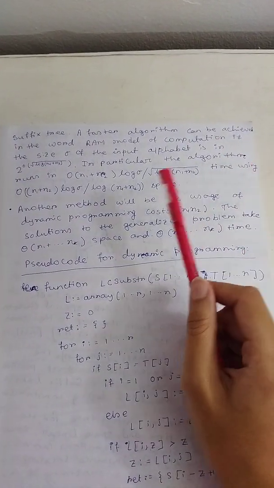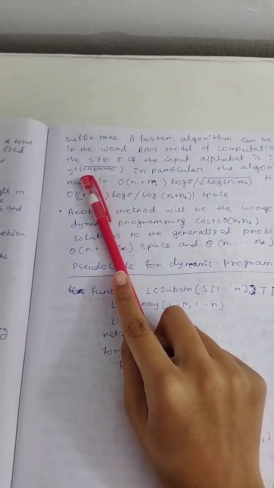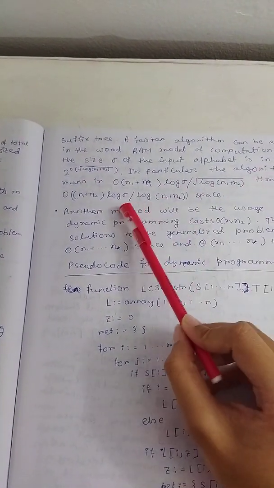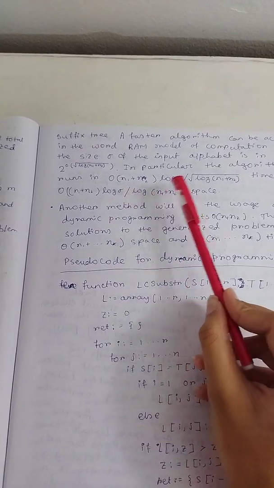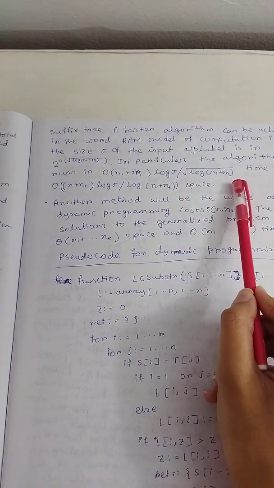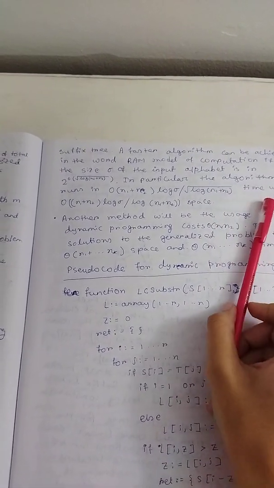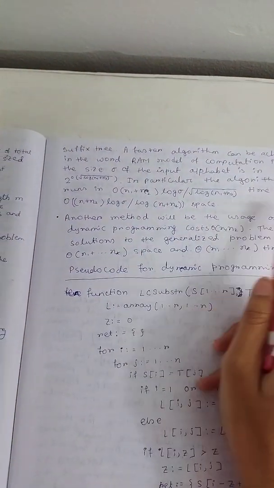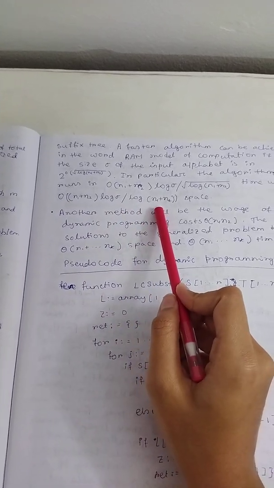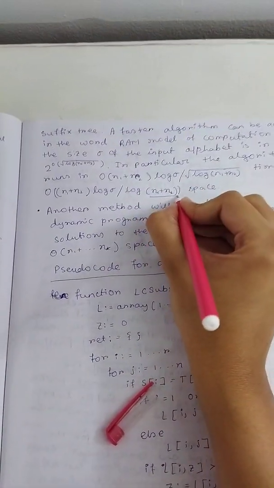If the size of the input alphabet is 2 to the power root of log(n1 plus n2), then the algorithm will run in order of (n1 plus n2) log sigma by root of log(n1 plus n2) time, and take order of n1 plus n2 space. Here n1 plus n2 is actually n.